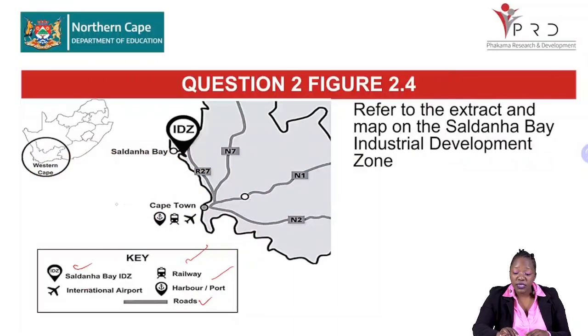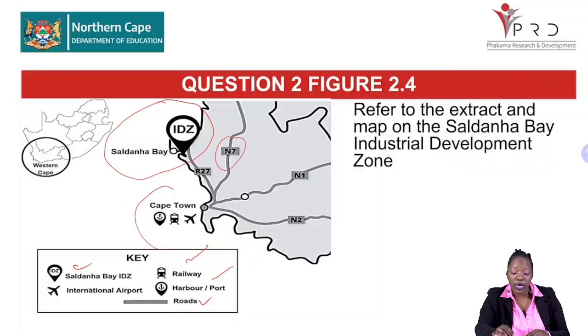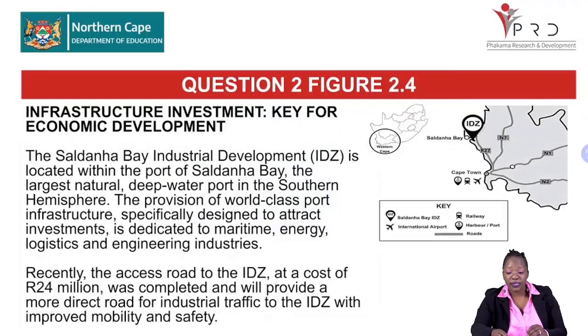We're going to look at the extract as well as the map. You see the Saldanha IDZ, the roads, the airport, as well as the railway and the harbor. Then let us go through the extract.